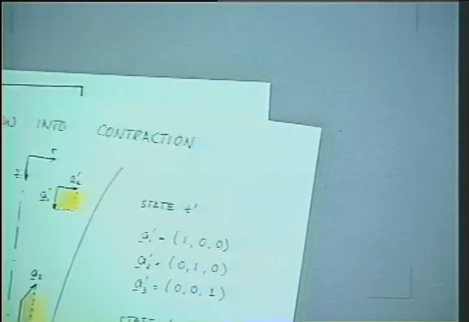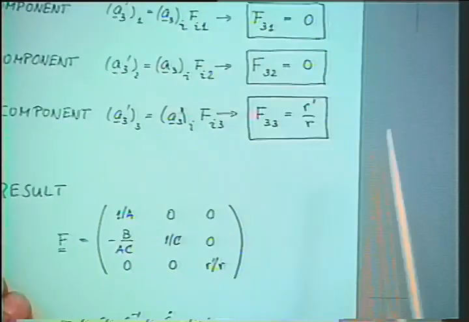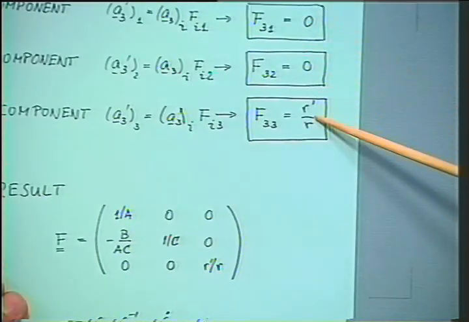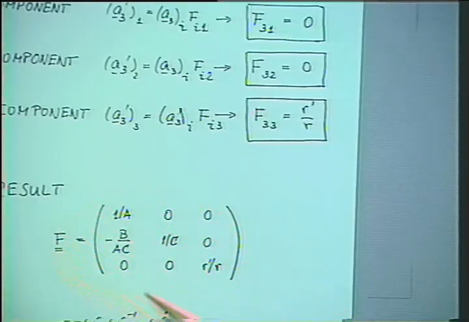And we're getting the equivalent now for the third equation. We get 3 more components for F, and the result is really this matrix. F is 1 over A, 0, 0, minus B over AC. Remember, B gave us the angle change, and C gave us the stretching of the second material vector.